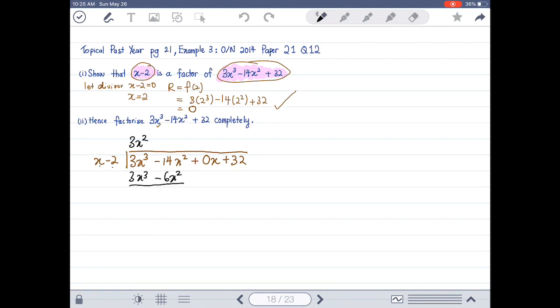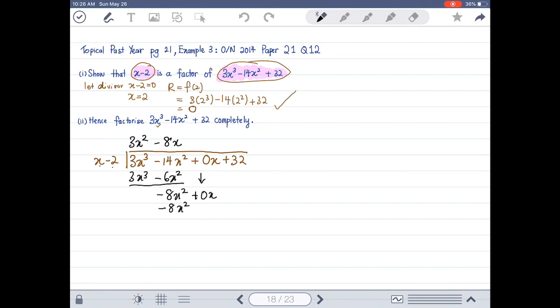Negative 14 minus negative 6. So you should get negative 8x squared, and bring down the next term, plus 0x. Again, what times x should get negative 8x squared? We should multiply with negative 8x. So negative 8x times x is negative 8x squared.